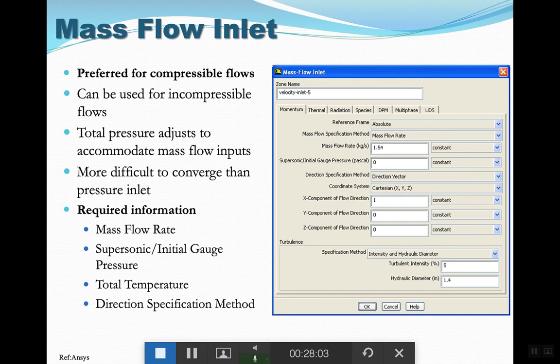Because remember, your unknowns are velocity, not the mass flow at your control volume. So your boundaries have to be in terms of your unknowns.